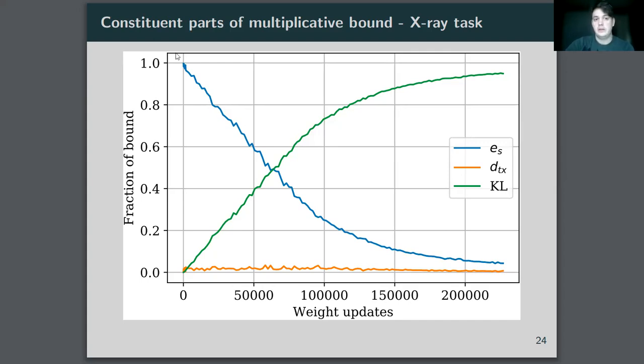And we see here that in the beginning, with data-dependent priors, the prior makes it so that the training error more or less takes up all of the bound, but rapidly drops off as the KL term increases as training goes on. We see also that the disagreement term in the multiplicative bound does not factor in very much.